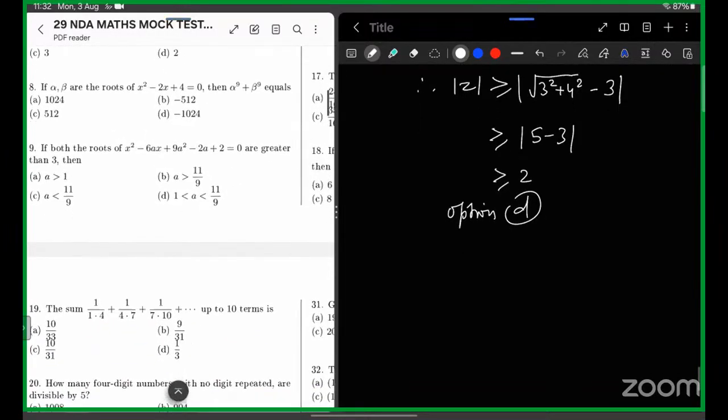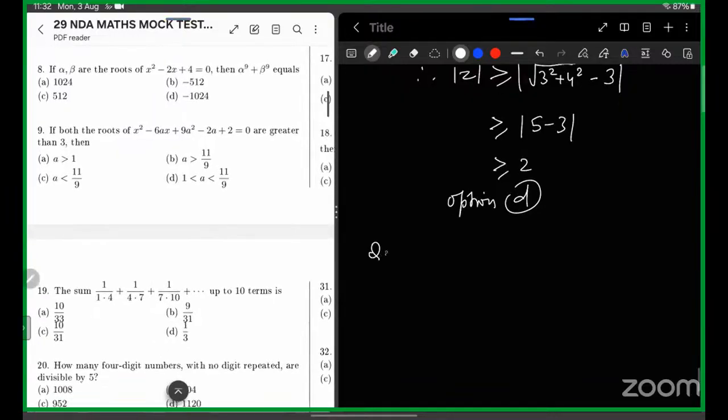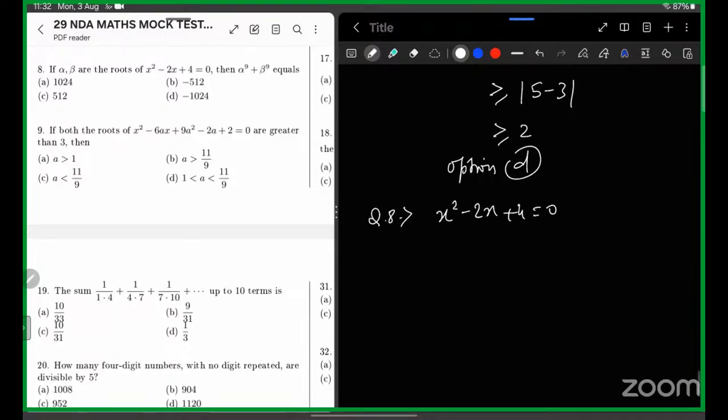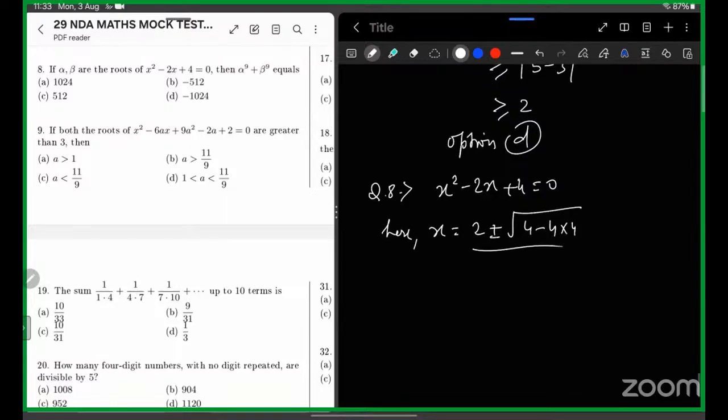Question number 8. Alpha beta are the roots of this quadratic equation. Okay, then what is the value of alpha 9 and beta 9? First we need to find out the roots alpha and beta, then only you can solve it. We have the quadratic equation given: x square minus 2x plus 4 equal to 0. Then roots can be calculated as x equal to minus b plus minus root under b square minus 4ac upon 2a.